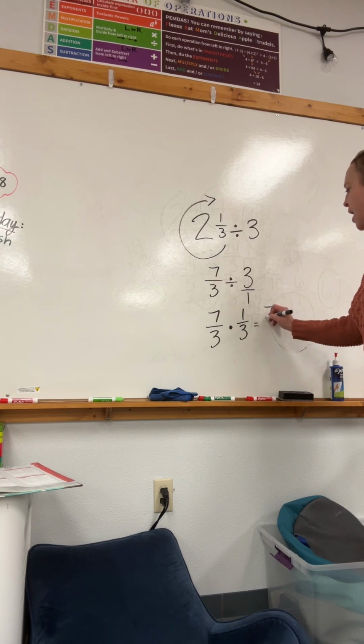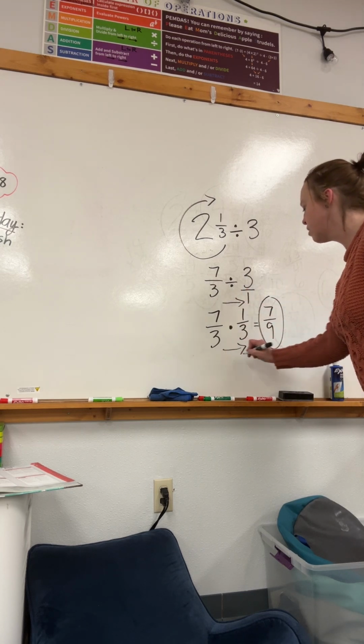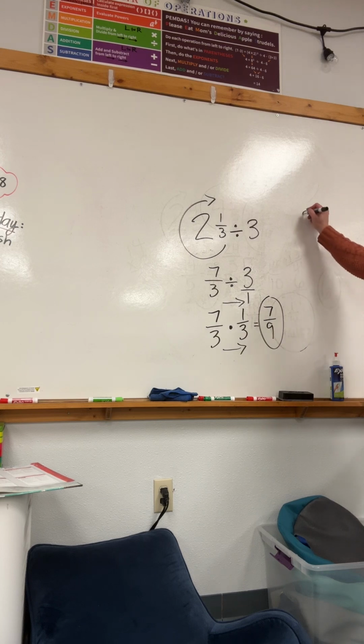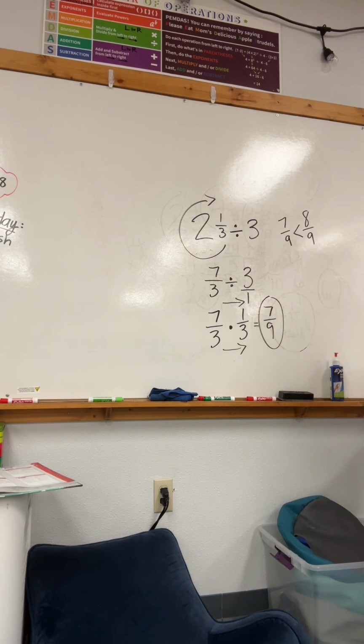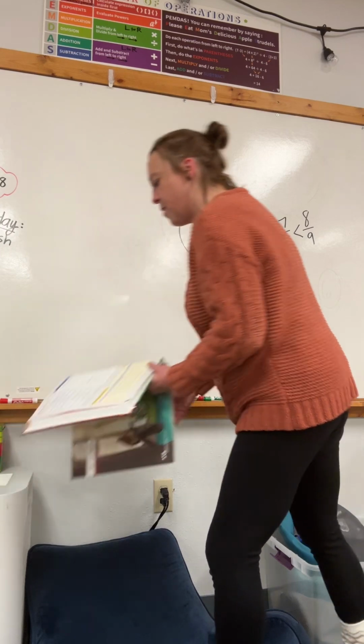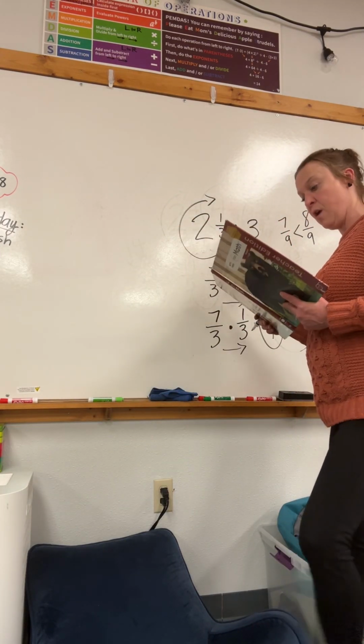And I get 7/9 because I'm going to multiply straight across. Well, I have 7/9 as my answer. And she needed 8/9. Because 7/9 is less than 8/9, she does not have enough material. She needs a little bit more to be able to make those 3 curtains as big as she wants to. So the answer is no.